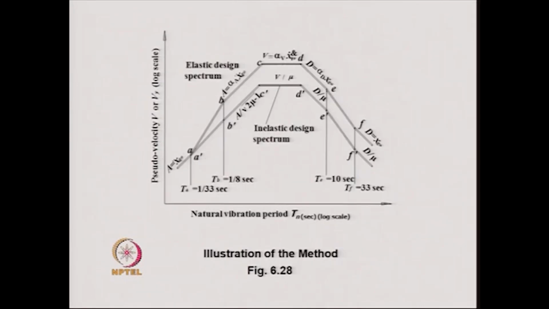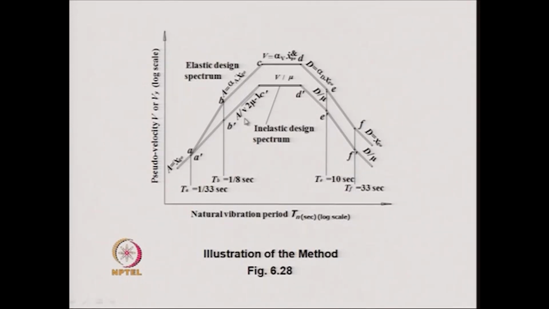Here you can see B C in the acceleration zone; these ordinates are divided by square root of 2 mu minus 1 to get this line, and this line obviously will be parallel to this line.